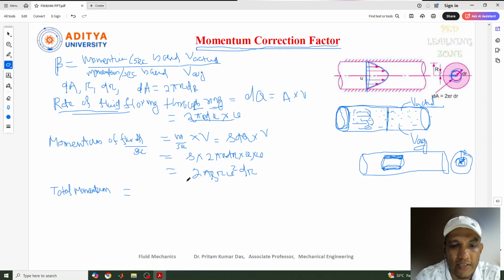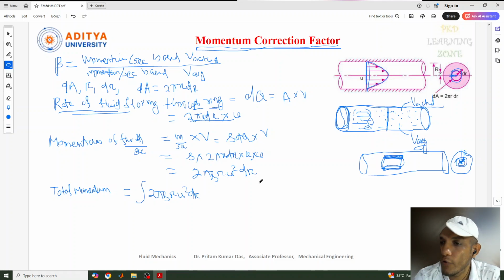Total in the sense we need to integrate this value, the integration of 2 pi rho r u square dr. This is the equation for the total momentum of the fluid flowing per second across the section.